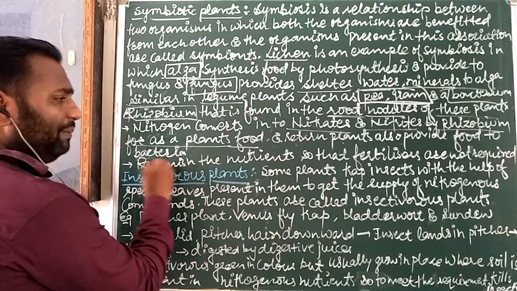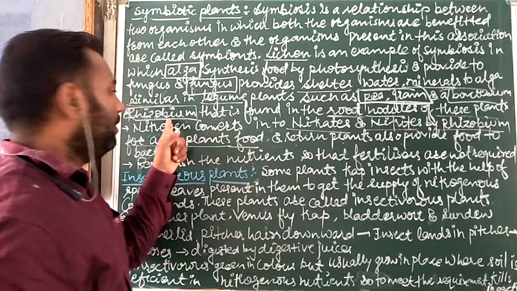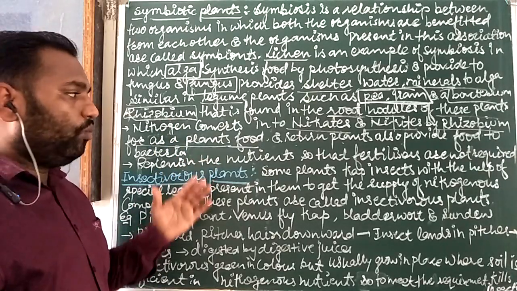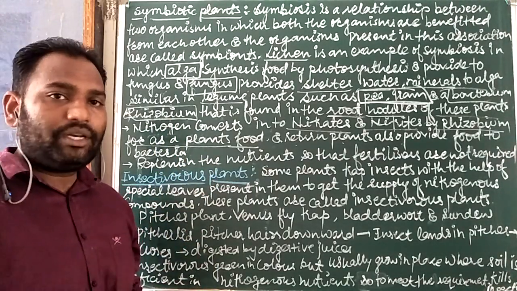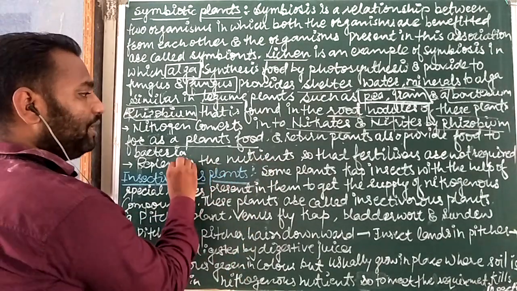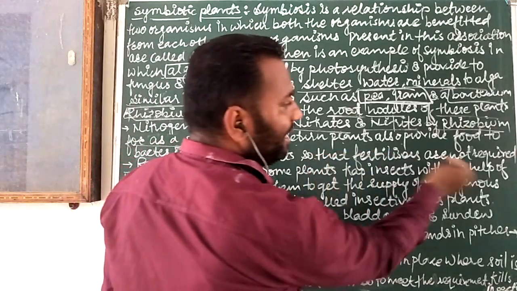So these nutrients are replenished only by rhizobium bacteria. Replenish means these nutrients are given once again, automatically and naturally, by this rhizobium bacteria, so fertilizers are not required.